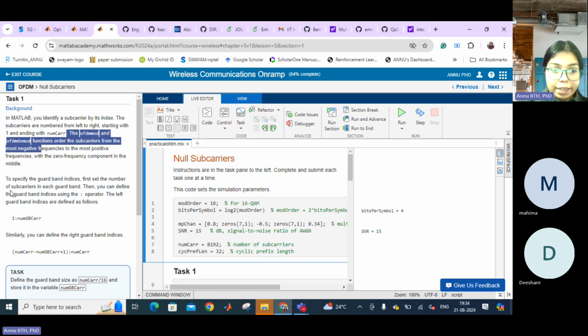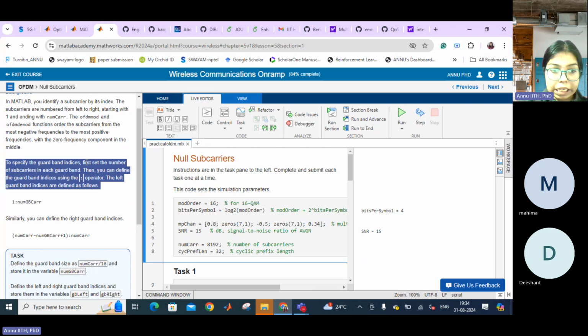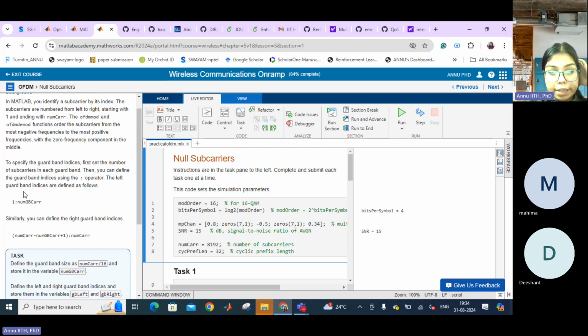To specify the guard band indices, first set the number of subcarriers in each guard band. Then you can define the guard band indices using the colon operator. The left guard band indices are defined as 1 to the number of guard band carriers. Similarly, you can define the right guard band indices from the number of carriers minus the number of guard band carriers plus 1, to the number of carriers.